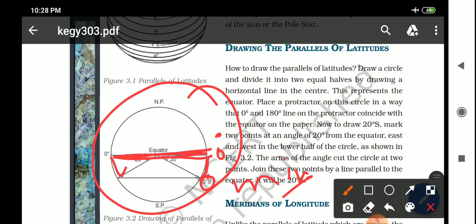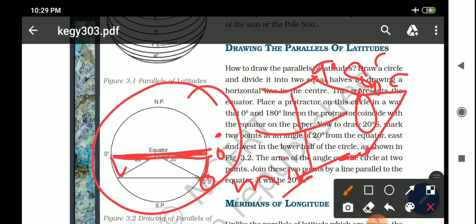In all this, how many lines would there be? You would definitely have one equator, which is 0 degree, and then you move towards the 90 degree north and towards the 90 degree south. But leaving the equator, we have 89 lines counted towards the south and 89 lines counted towards the north.